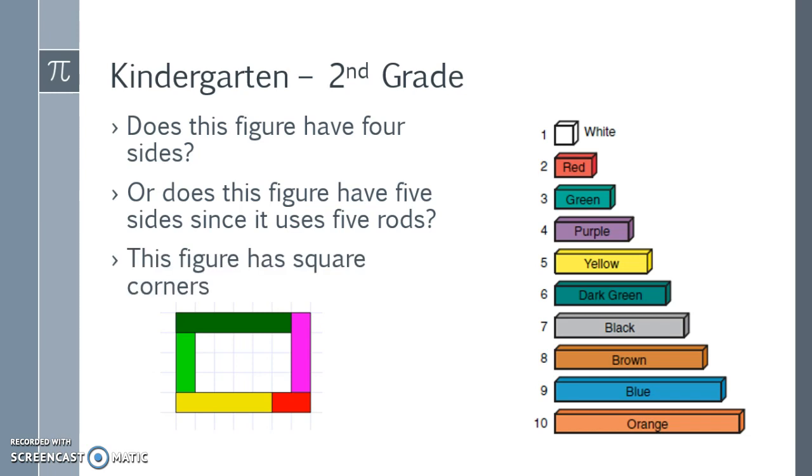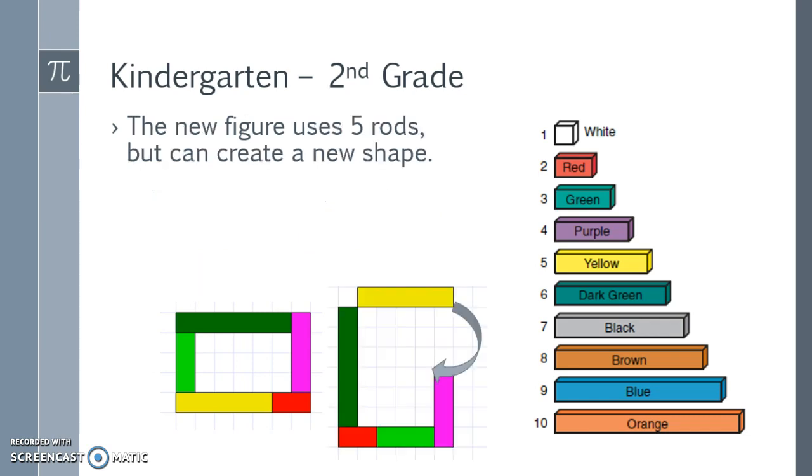We also see that this figure has square corners. Now let's use those same 5 rods and create a new shape. So I'm going to, using the app that's located within our course, we only can use our rods horizontally or vertically.